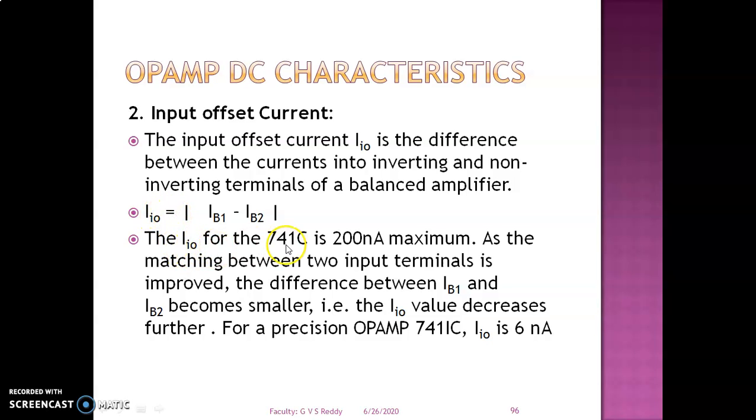The IIO for the 741 IC is 200 nanoamperes. As the matching between the two input terminals improves, the difference between IB1 and IB2 becomes smaller, that is, the input offset current value decreases further. For the 741 IC, the input offset current is 6 nanoamperes, minimum value.